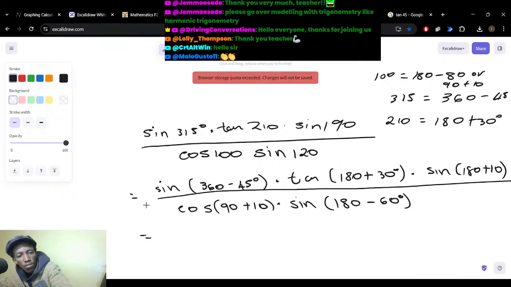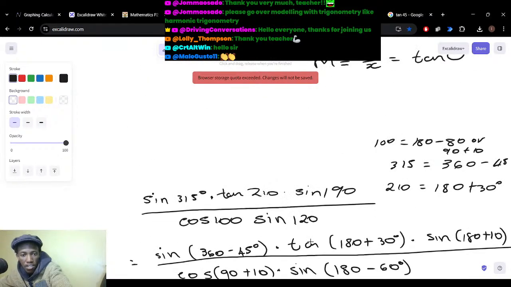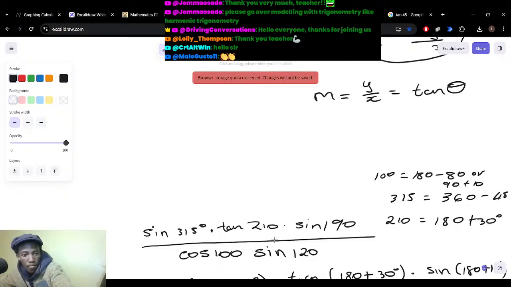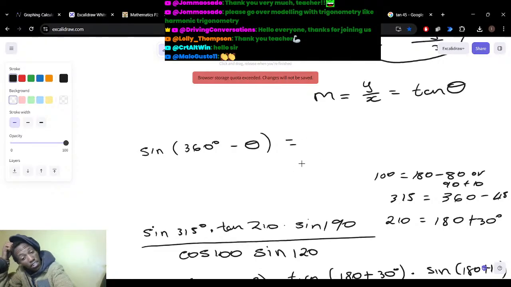So we have the following trig reductions that we're going to use. Sine of 360 degrees minus theta is equal to what? Is it negative or positive? I think it's positive.